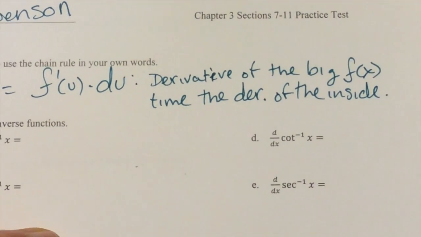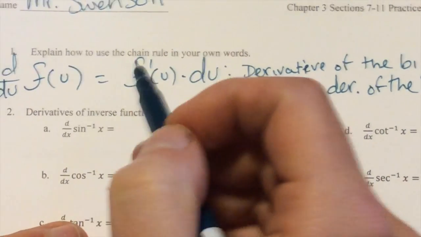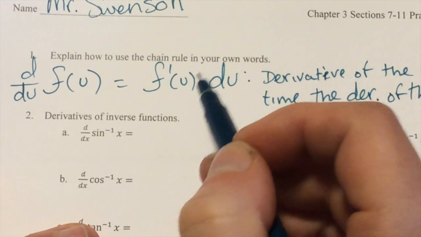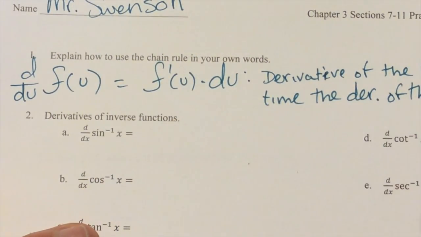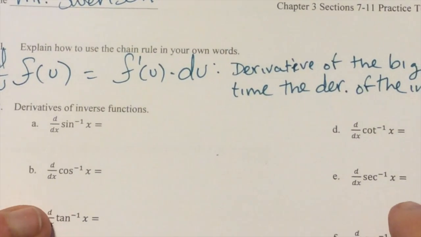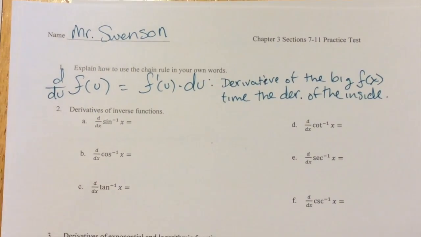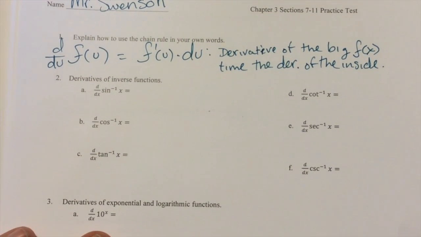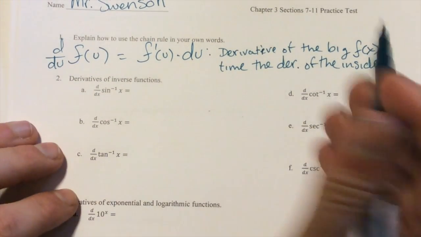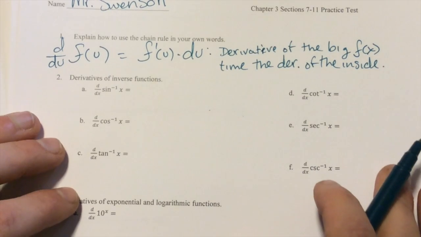And that's how we've been going about this. If you take the derivative of a function, it's the derivative of the big function times whatever's inside. You might use different words to explain it, but expect to be asked how to explain something on your test.